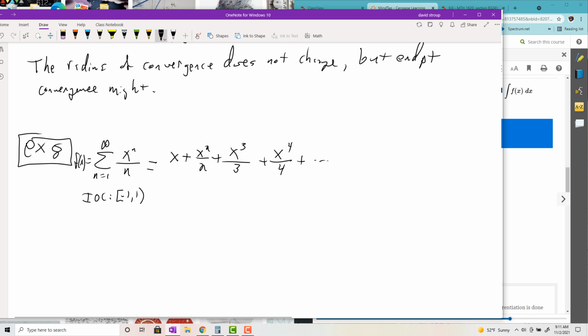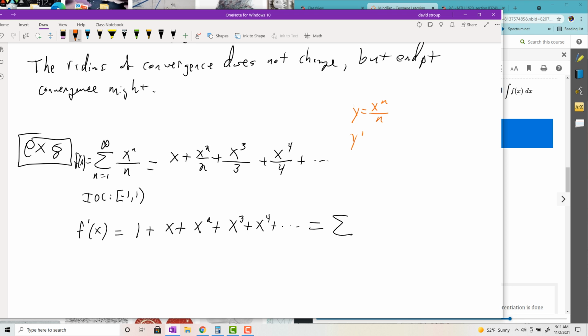Okay, so first I'll get the derivative. f prime of x is going to be 1 plus 2x over 2, which is just x, plus 3x squared over 3, which is just x squared, plus 4x to the 3rd over 4, which is x cubed, etc. It's pretty simple to see what the formula is, but we'll take the derivative of x to the n over n, because sometimes they get more complicated and you should get into this habit.